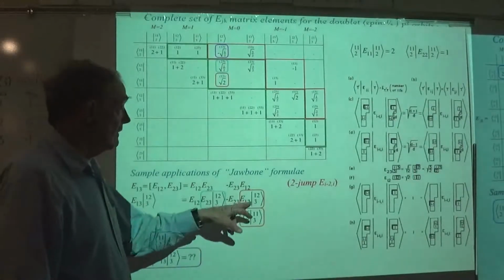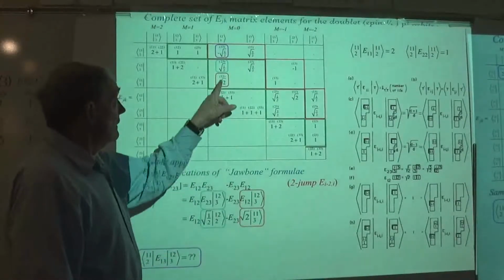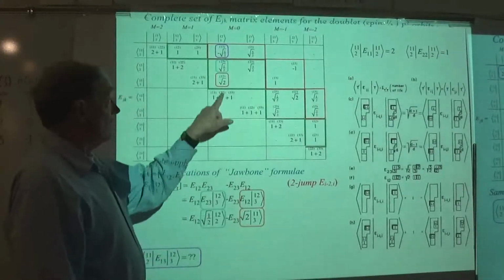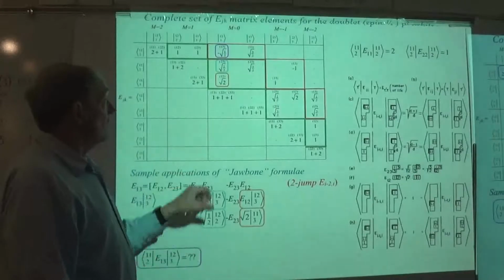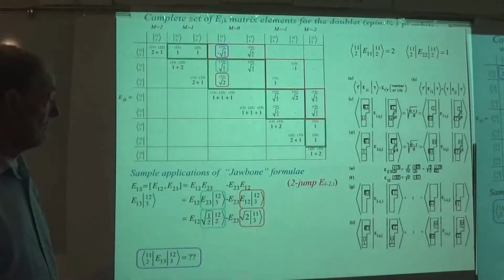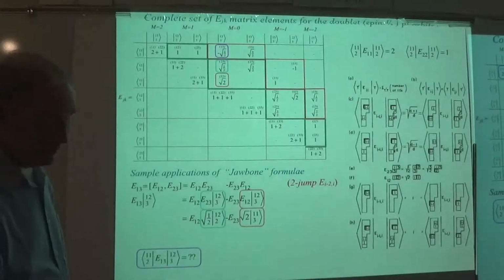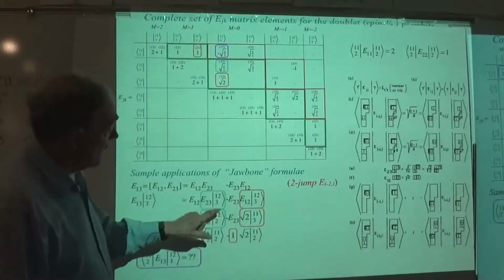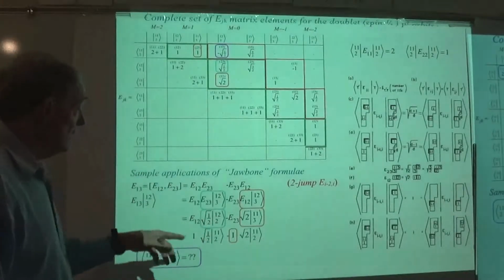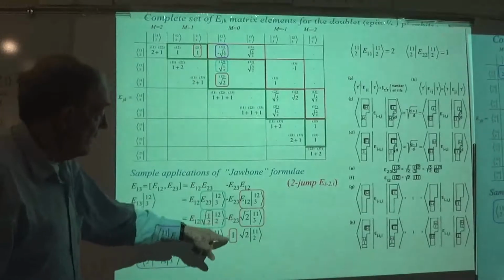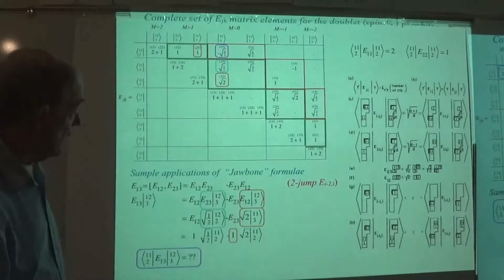Same thing here. I've got a 1,2 operating on 1,2,3, and I know what the answer to that is. It's square root of 2. And this one is square root of 2 in the denominator. So we're almost done here. We just have to do the E1,2 on that thing. But we have that as well. Here's the one that gives that for the 2,3, but it has a minus sign now because of the commutation.